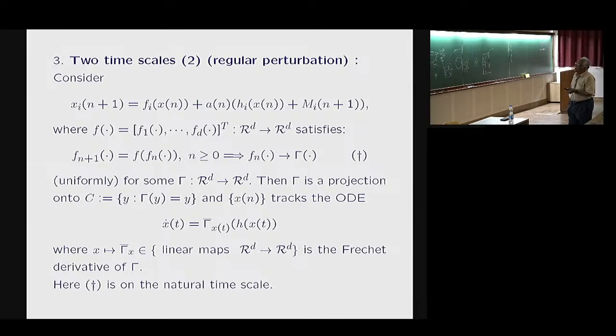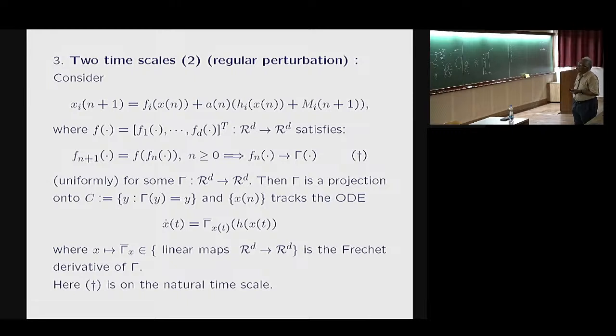Then basically you have the iteration x n plus 1 equal to f of x n. What happens here is that the limiting ODE gets modified by what's called the Fréchet derivative of this map f.